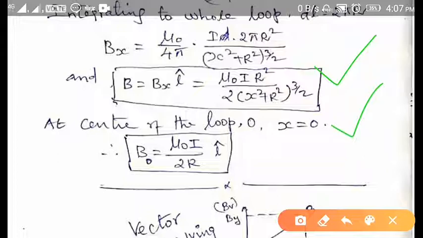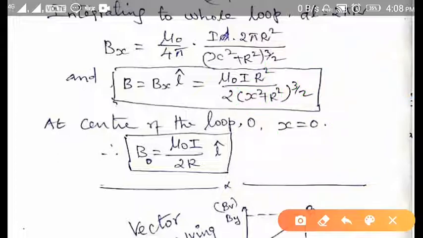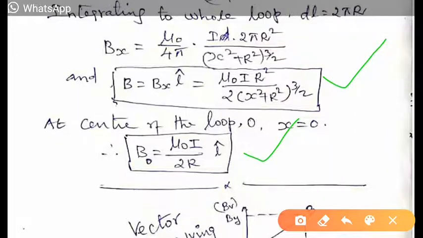Substituting x equal to 0, the r squared and r power 3 get cancelled, and the remaining will be mu naught I by 2r only. So at the center of the loop, the magnetic field BO equals mu naught I by 2r i cap, where i cap is the unit vector along the x axis. This is the value of the magnetic field on the axis of the circular loop and also at the center of the loop. A very important formula.